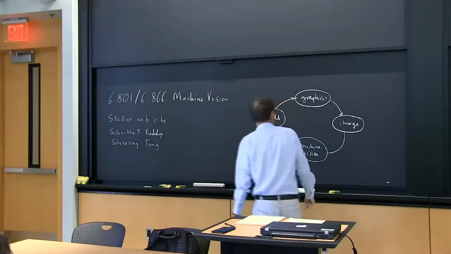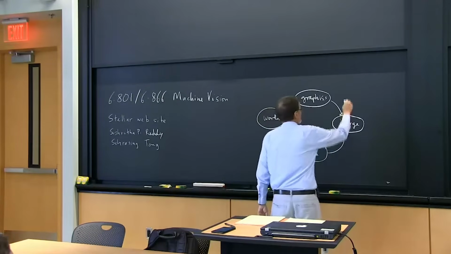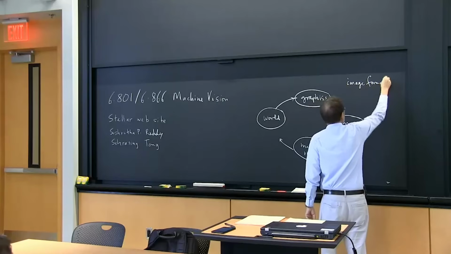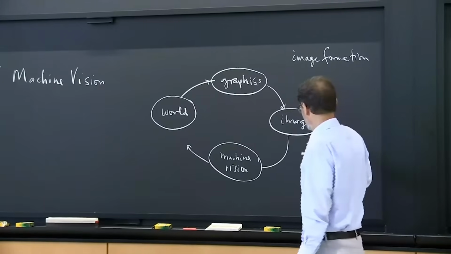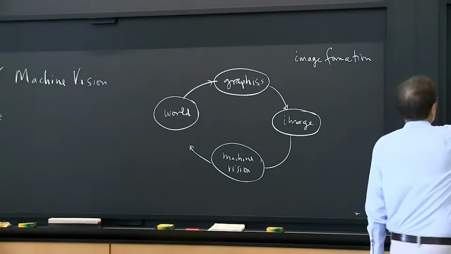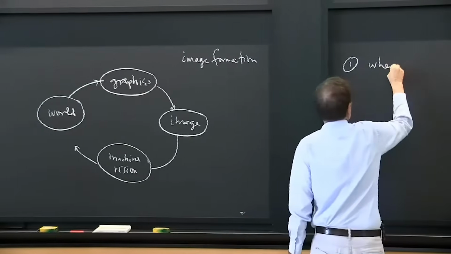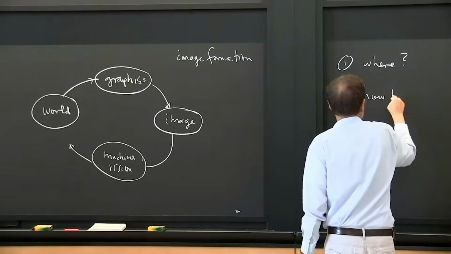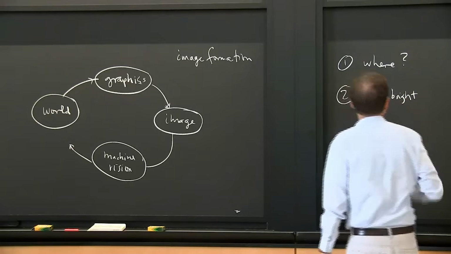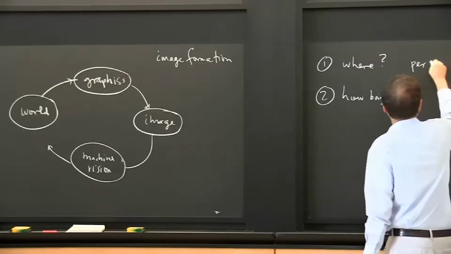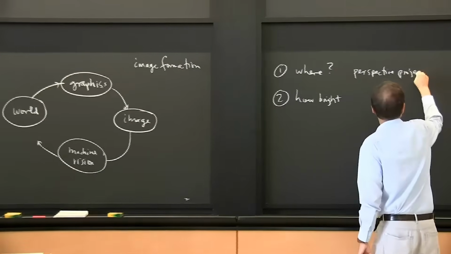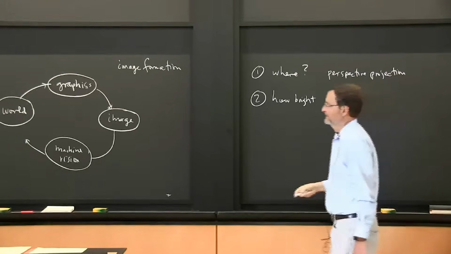Now, to do that, we need to understand the image formation. And that sounds pretty straightforward. But it has two parts, both of which we'll explore in detail as we go along.